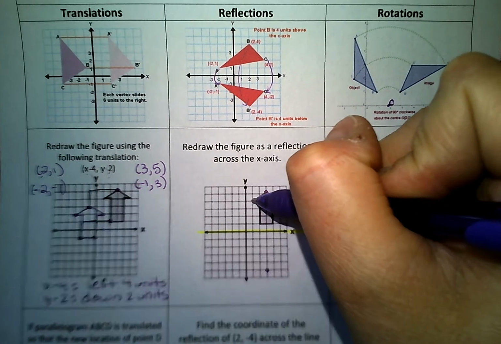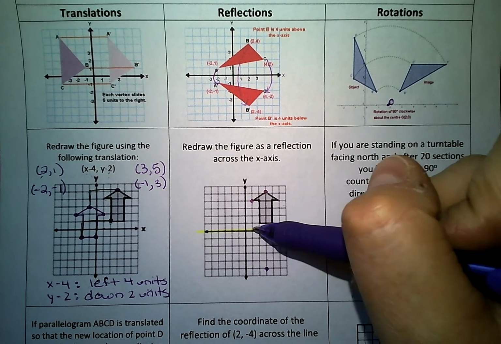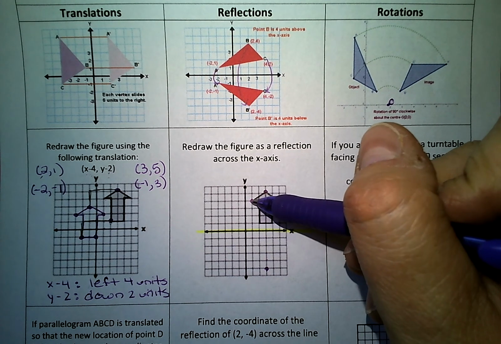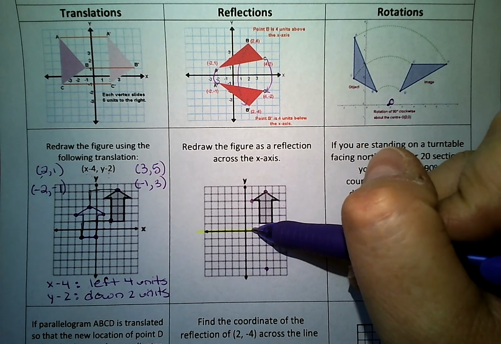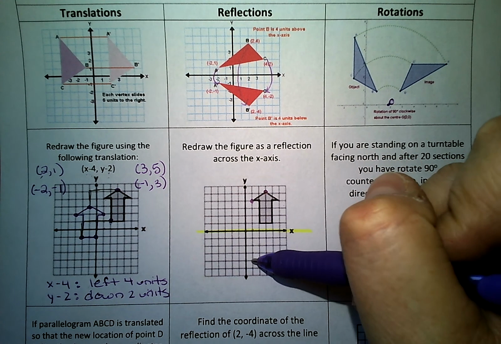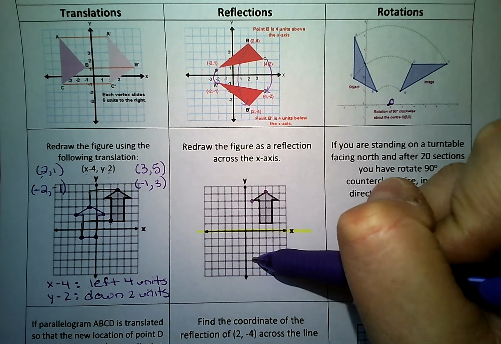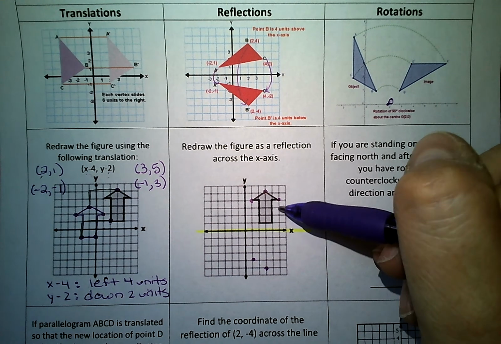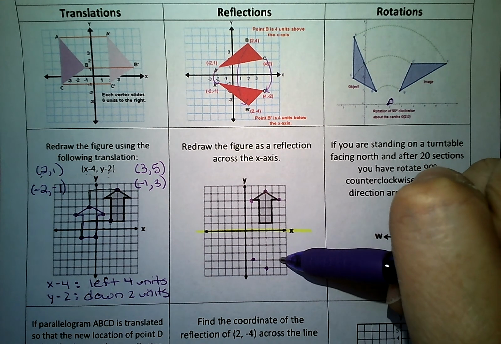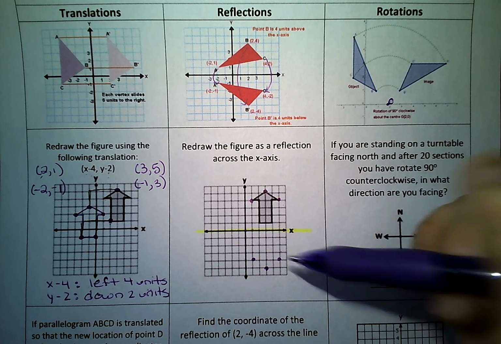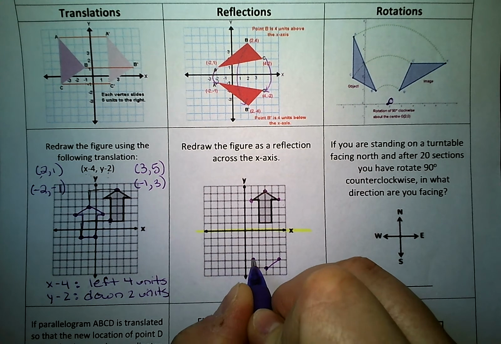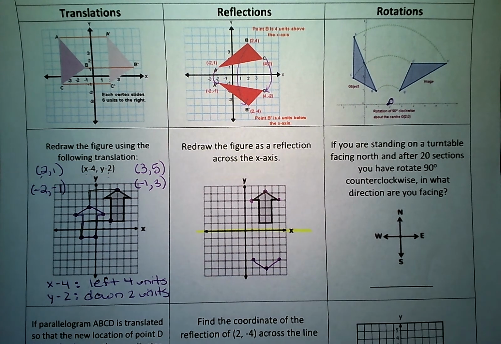Let's try this left side. This point is 4 units above the x-axis. So when it flips, it will be 4 units below the x-axis. The same will happen with this right side, 4 units below the x-axis. Here, we've already built the tip of the arrow.